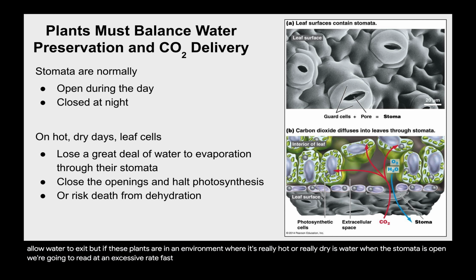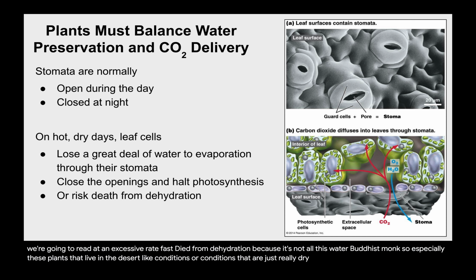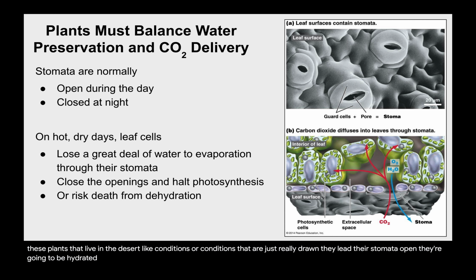And eventually, the plant could die from dehydration because it's lost all of its water through the stomata. Especially plants that live in desert-like conditions or conditions that are just really dry, if they leave their stomata open, they're going to dehydrate. So we have to have a way for plants to be able to keep their stomata open to receive carbon dioxide for photosynthesis without letting too much water out.